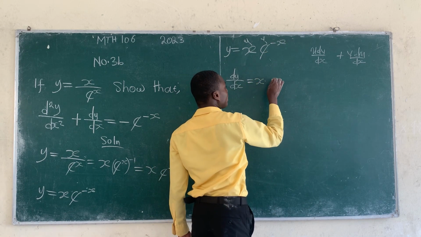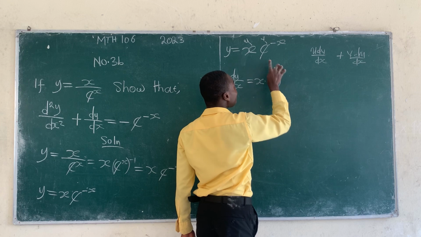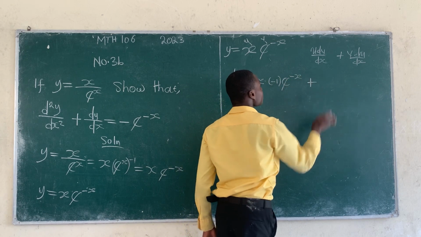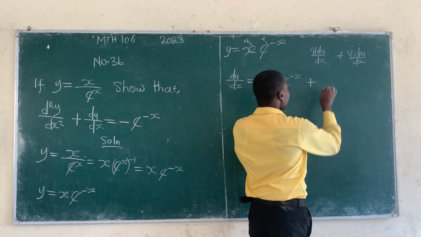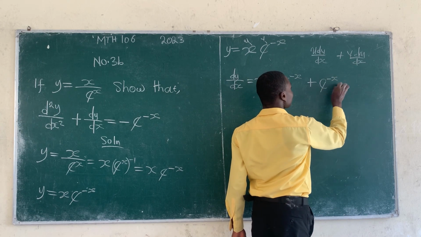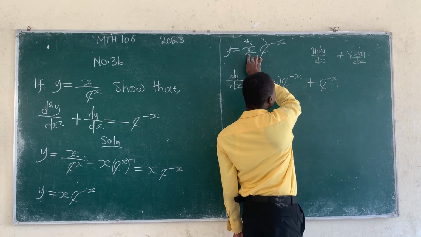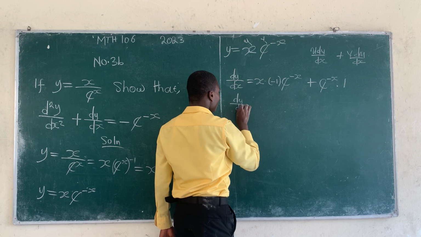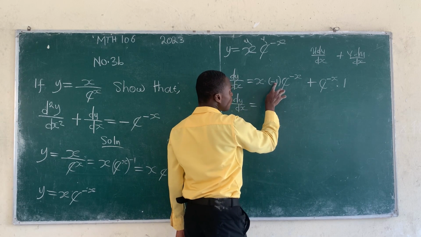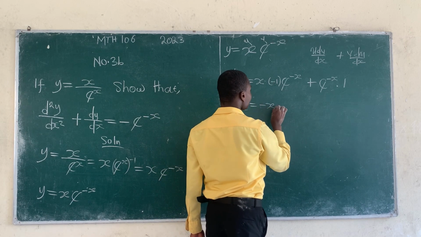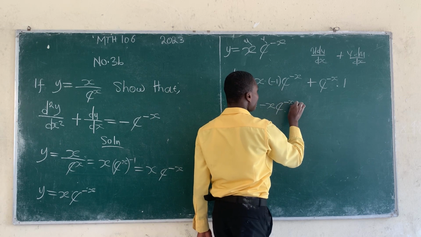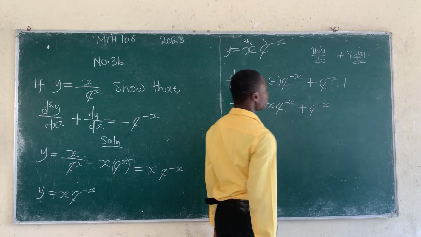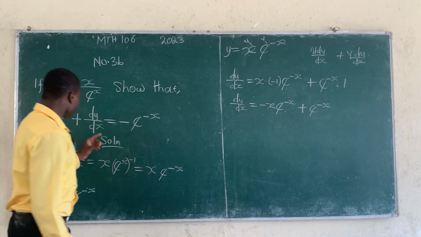You have minus 1, so you bring down the minus 1 and rewrite the whole function, exponential minus x, plus v, which is exponential minus x, times du dx. U is x, so if you differentiate it, you have 1. So dy dx will be equal to minus x exponential minus x plus exponential minus x. So that is what we have for dy dx.